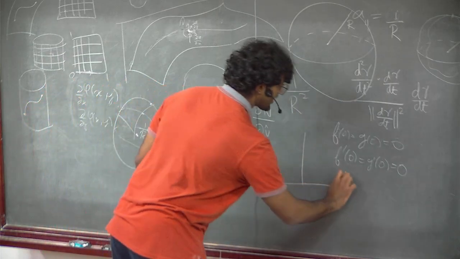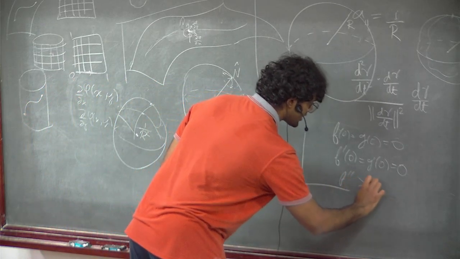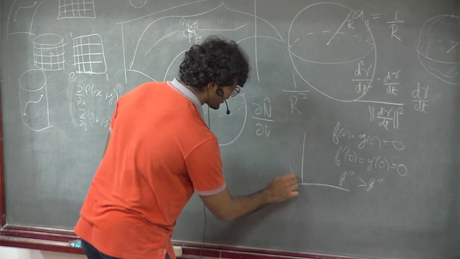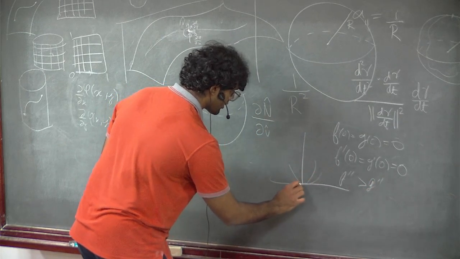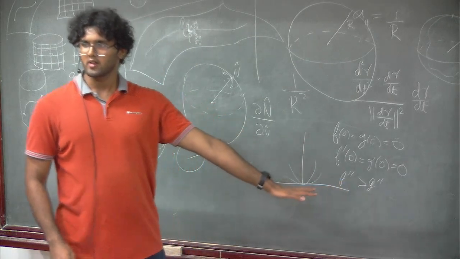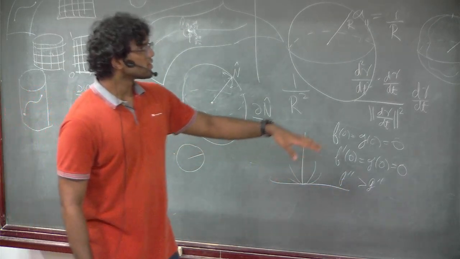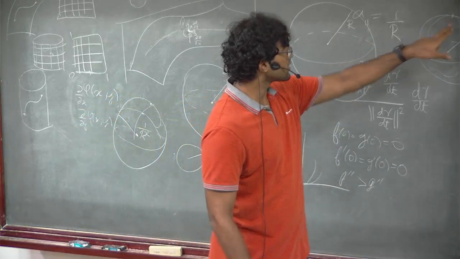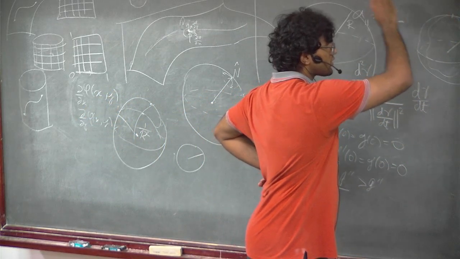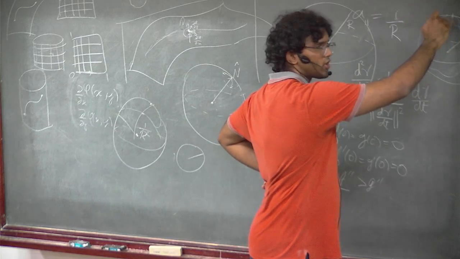And if I say that f double prime is greater than g double prime, or if one function is greater than the other, then some higher order derivative has to be greater than the other, right? So similar reasoning here. These two just touch each other here, and they're both tangent to each other here.